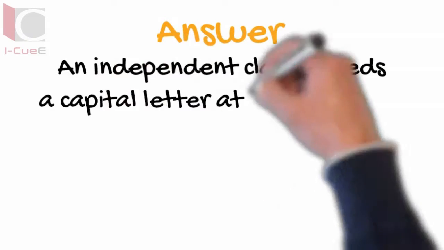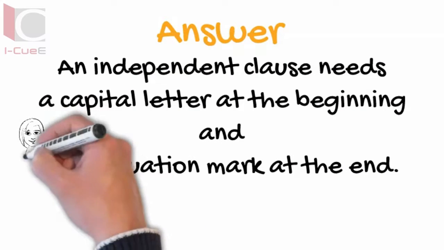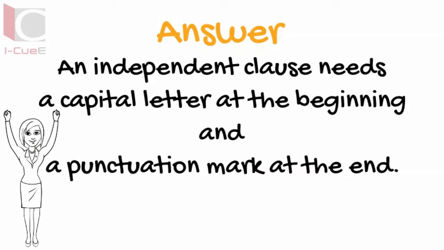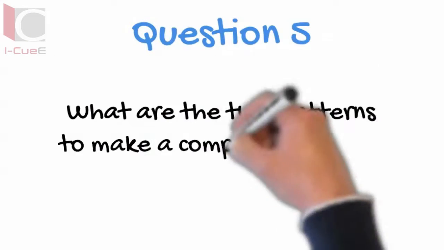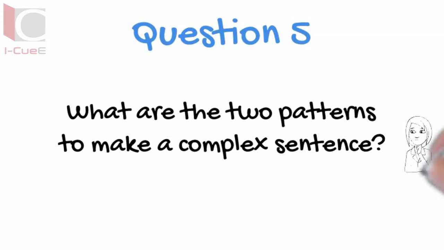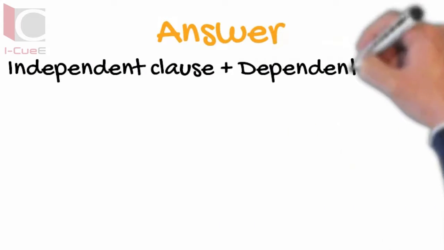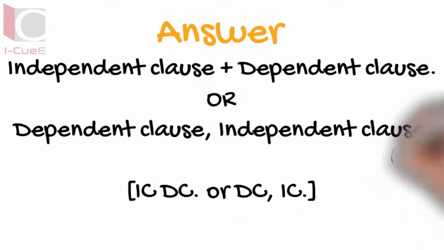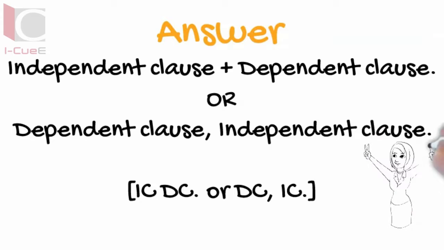An independent clause needs a capital letter at the beginning and a punctuation mark at the end. What are the two patterns to make a complex sentence? Independent clause, dependent clause, punctuation mark, or dependent clause, comma, independent clause, punctuation mark.